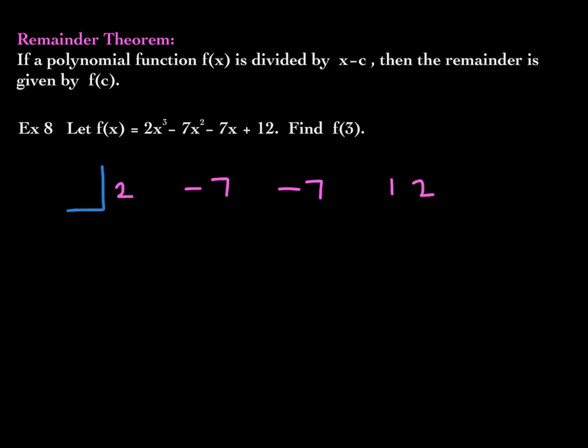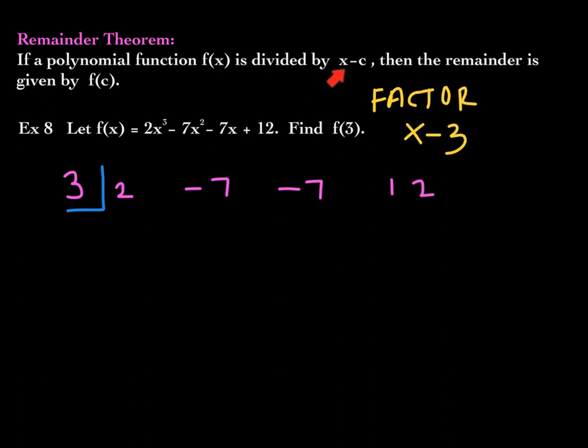All right. And they gave you your c value. Remember, your c value, f of c, f of 3. So 3 is your value that you put right here. Don't put the opposite of 3, not in this context, because they already gave you the c value explicitly. All right. The factor, let me be clear about this, is x minus 3, right?